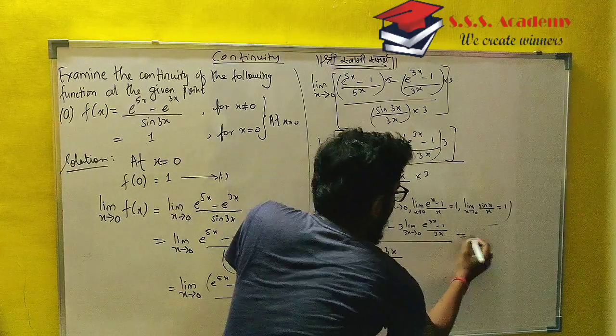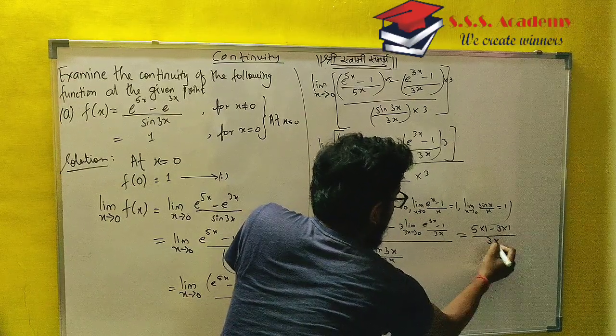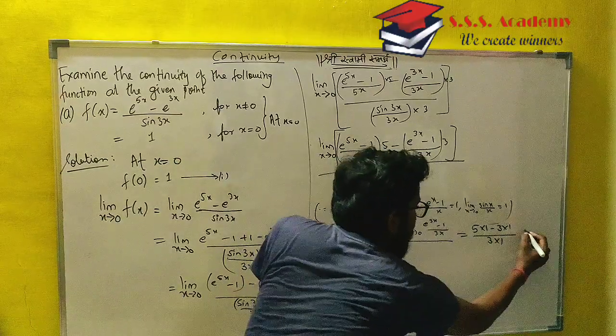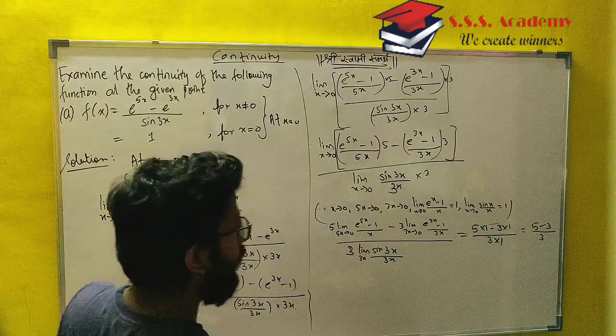Over here we can apply 5 into 1 minus 3 into 1 upon 3 into 1. So what value do we get? That is 5 minus 3 upon 3, that is 2 upon 3.